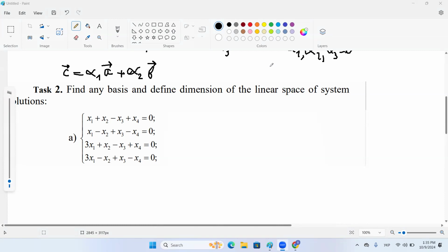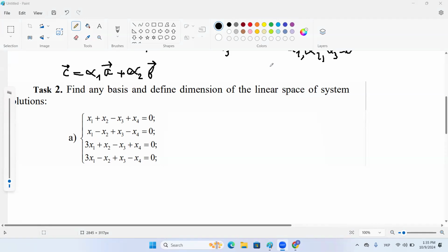Any ideas, Matvey? Well, we write down our elements for the matrix and solve by the Gaussian method, I think.